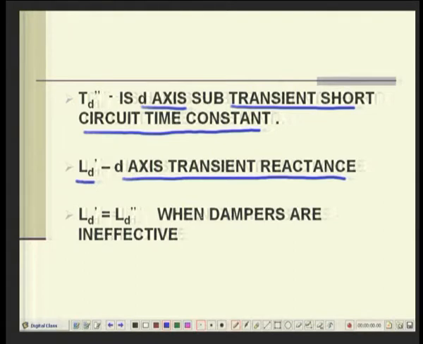Now, when dampers are not there, LD dash is equal to LD double dash, is not it? If you do not have dampers, LD dash is equal to LD double dash.